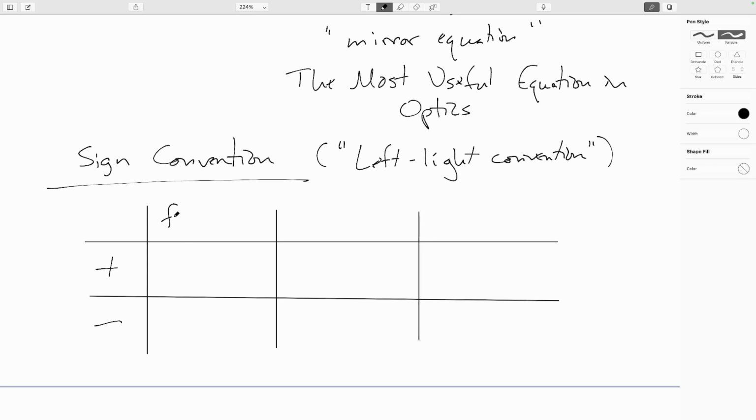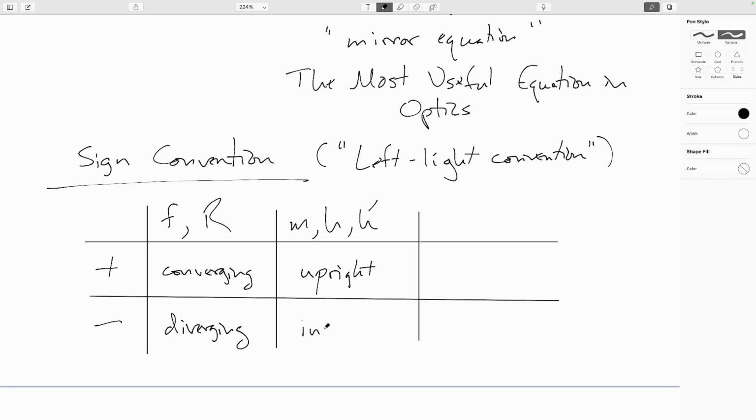The focal length, and in the case of a mirror, the radius of curvature of the mirror, in the left light convention are positive if the lens or mirror is converging, and negative if it is diverging.